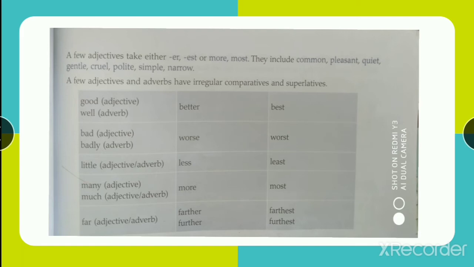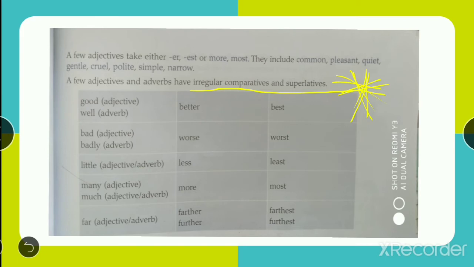They have another word for comparative, another word for superlative. Is it understood? And what do we call them? We call them irregular comparatives and superlatives. Okay, this is the very important part, and you should know this. Why you should know this? So that when that word comes, you don't make it er or est. You need to know the comparative form and the superlative form.